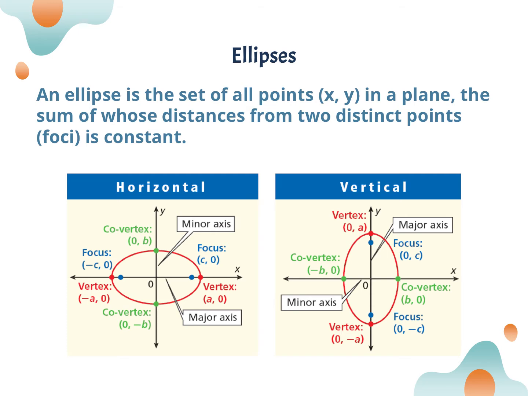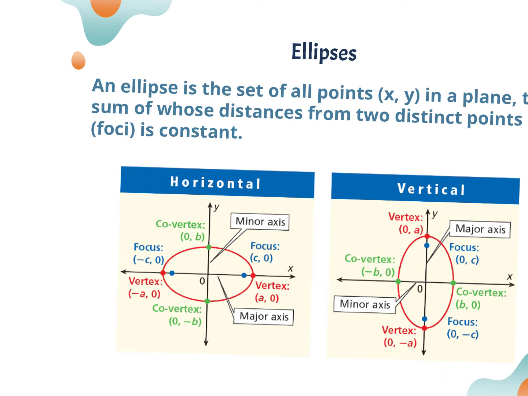Now, because it's this closed shape, it's going to have a pair of vertices and co-vertices. Now, this word foci is the plural of the word focus. So in the parabola, there was only one focus point, but in the ellipse, we're going to have two. And these foci are always going to be located on the major axis.